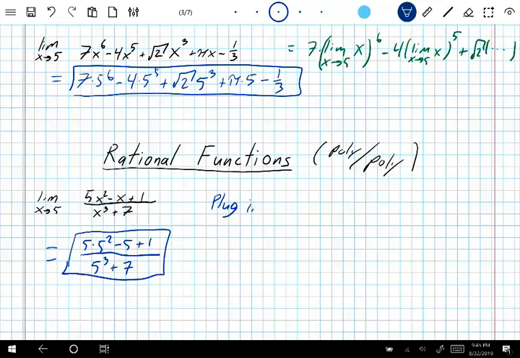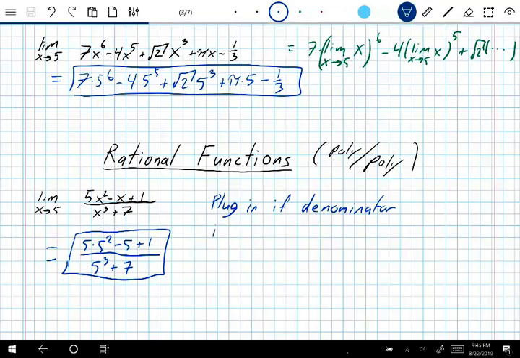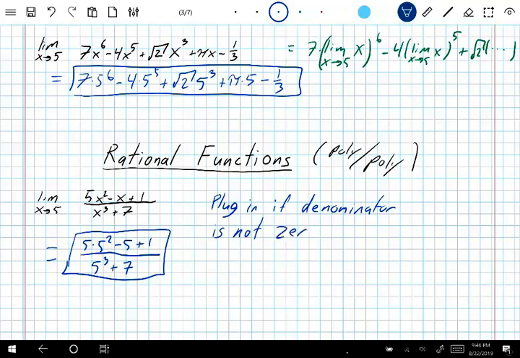I can always plug in if the denominator, okay, quick quiz, what's the one restriction I need for that denominator? It's a common theme. So if the denominator is not 0, if that denominator is 0, I'm not allowed to just plug in like this.